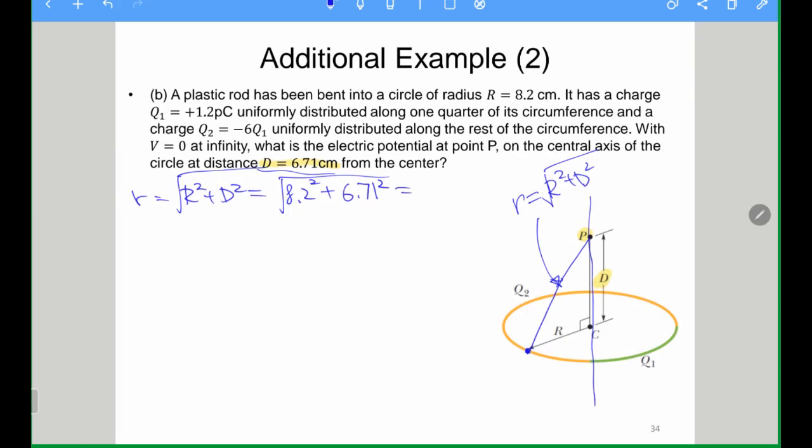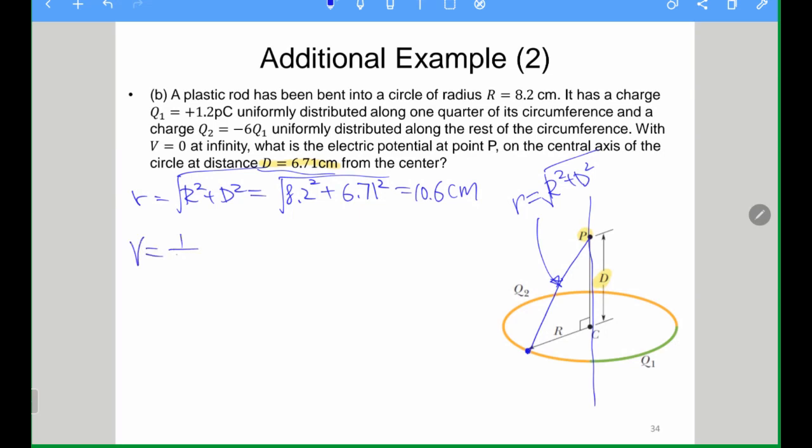There are quite a lot of zeros in the fractional part, so it might make you make a mistake. So just keep in mind that if this is centimeter squared and then take the square root, this is still centimeter, and then finally we can calculate the V at point P.